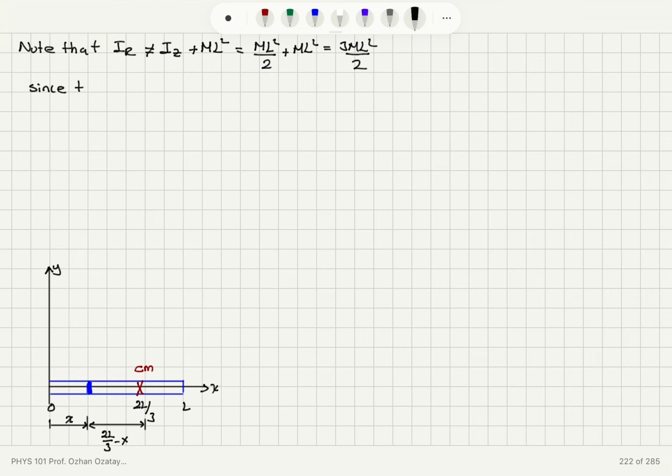Because the parallel axis theorem, let's recall the parallel axis theorem, is stating that the moment of inertia on the right hand side is the center of mass moment of inertia plus M d squared. So this will be equal to I center of mass plus M L squared.